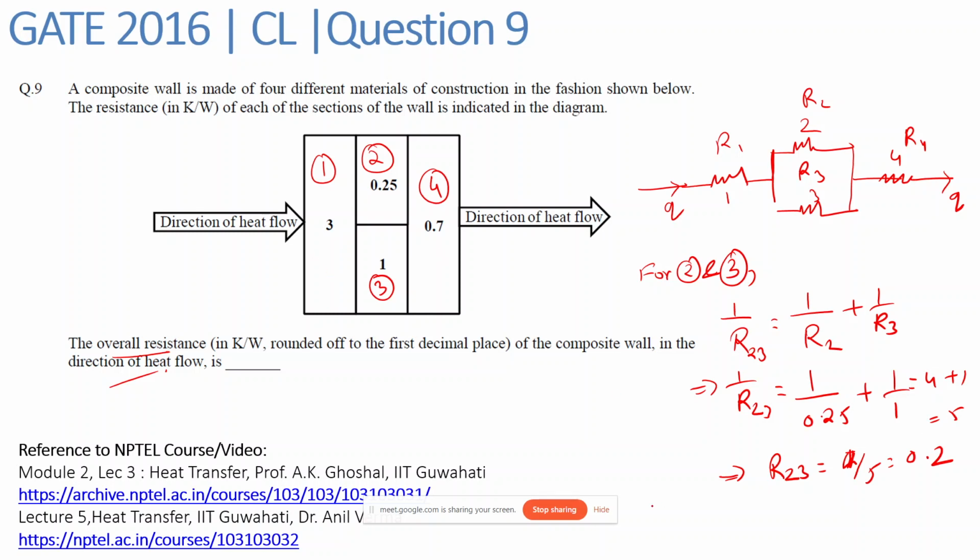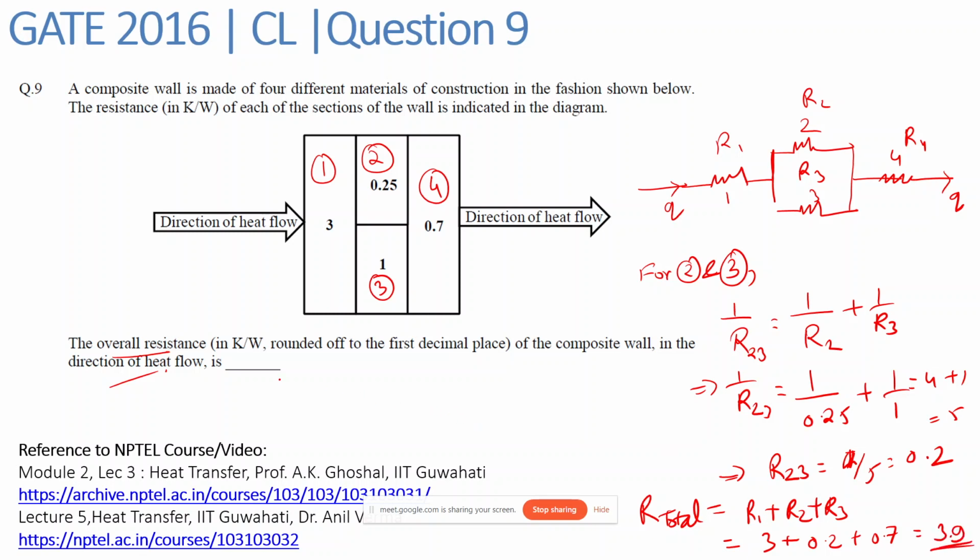Now the overall resistance will be R total is equal to R1 plus R23 plus R4, and that will be equal to 3 plus 0.2 plus 0.7, and the final answer will be 3.9.